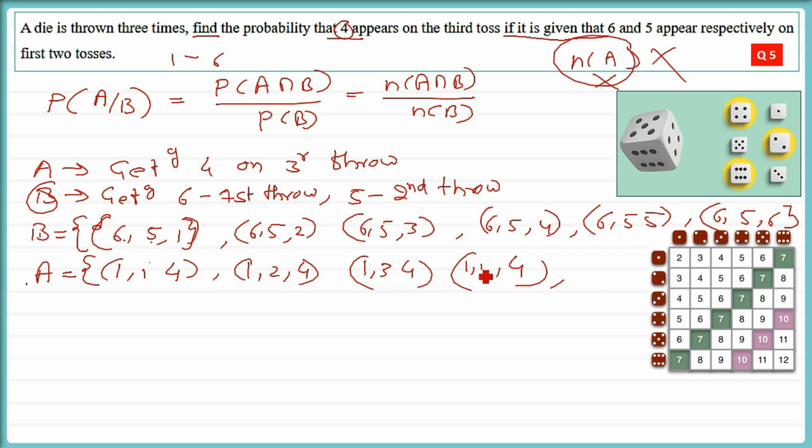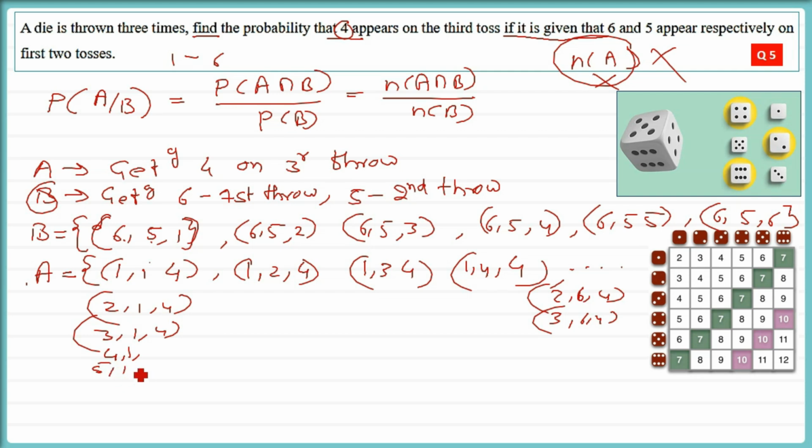So 1 1 4, 1 2 4, 1 3 4, 1 4 4 can never give you an intersection. 2 1 4 through 2 6 4 will come, 3 1 4 till 3 6 4 will come, 4 1 4 to 4 6 4 will come, 5 1 4 to 5 6 4 will also come. But we don't need them. Only the intersection will be from the last row.